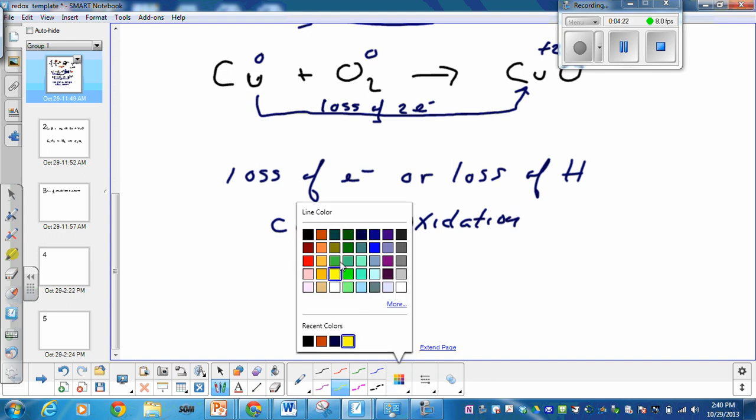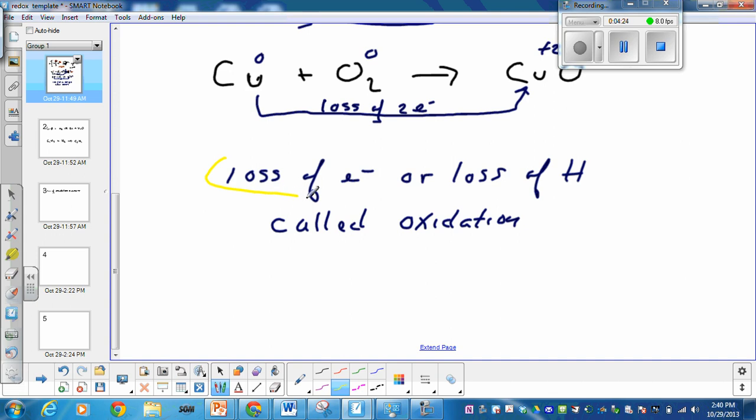This first definition here is our more current definition, and we'll find that we can actually prove that this is true, but we'll stay with the archaic definition for a moment.